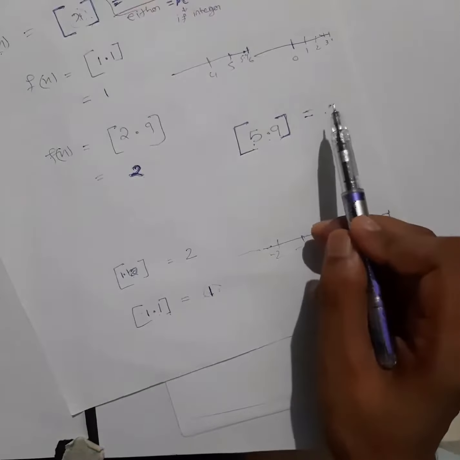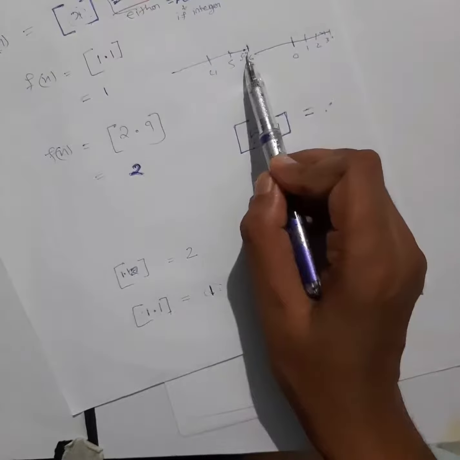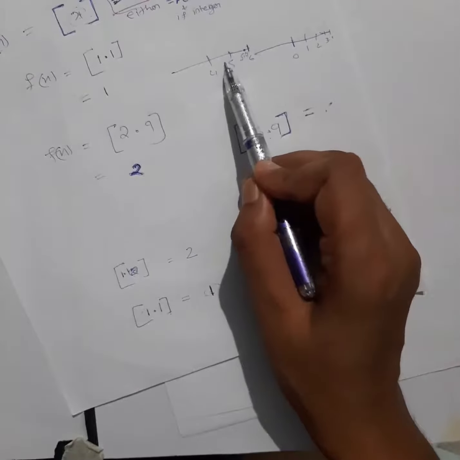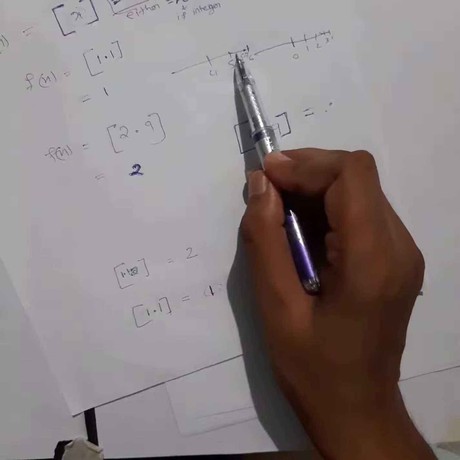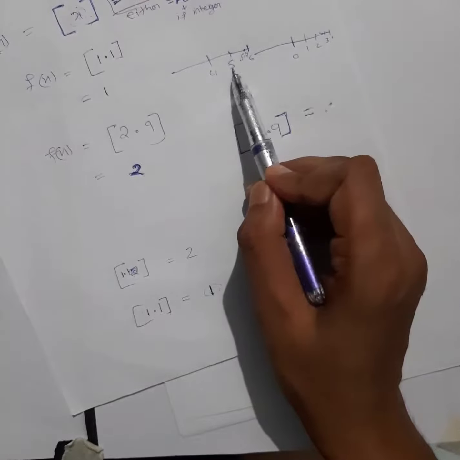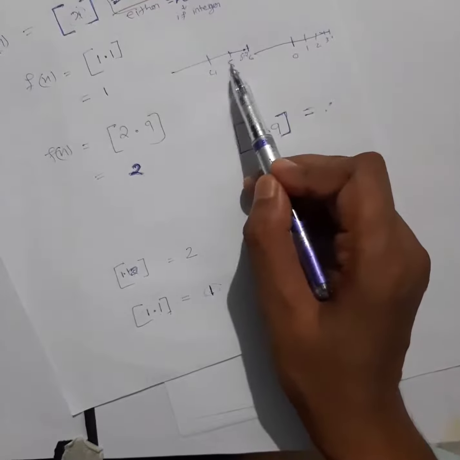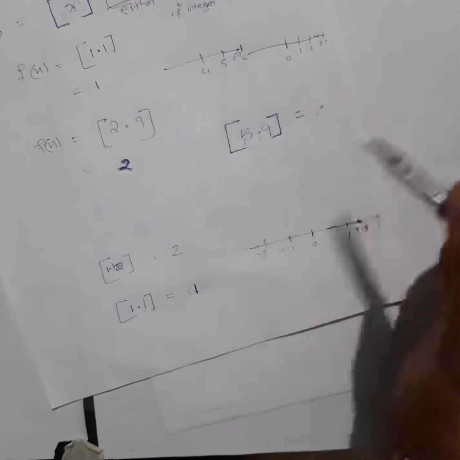Which integer? The greatest integer on the left of this. On the left of 5.9, which one is the greatest integer? Obviously 5. After 5, can you give any integer between 5.9 and 5? Obviously no. 5 is the greatest integer on the left, greater than all the integers here: 3, 2, 0, minus, all this. So 5 is the greatest integer, so the output of this one will be 5.